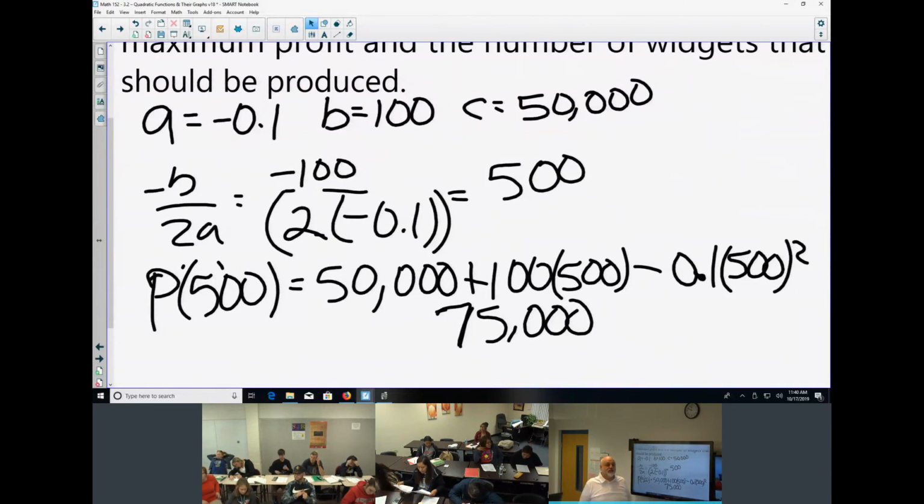Okay? So that would be the reason why, if you have a business, you want to use some math skills like this to figure out what you should be shooting for. I mean, let's say that's the monthly profit or the annual profit or whatever. Well, if the maximum profit that you can make is $75,000, you probably don't want to hire 10 employees.